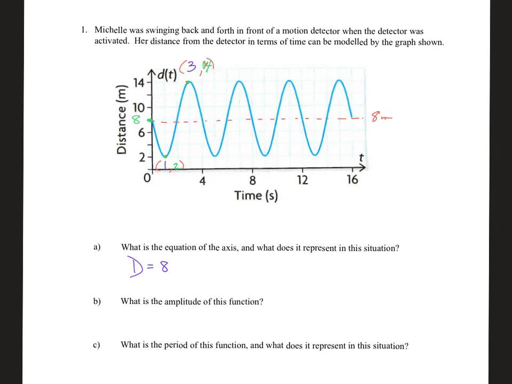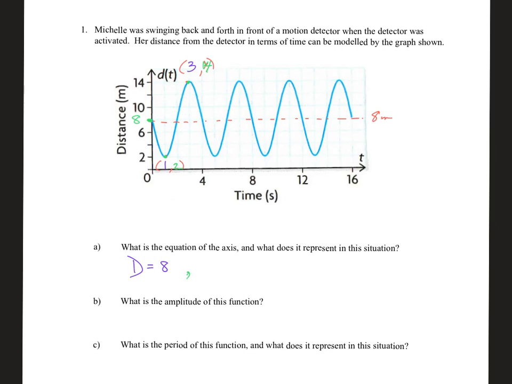So what does that 8 represent in this problem? Yes, we could write that it is halfway, but that's really just stating again what the equation of the axis is. Instead, let's think about that context. If it represents halfway, then it's not dealing with the motion towards and the motion away.